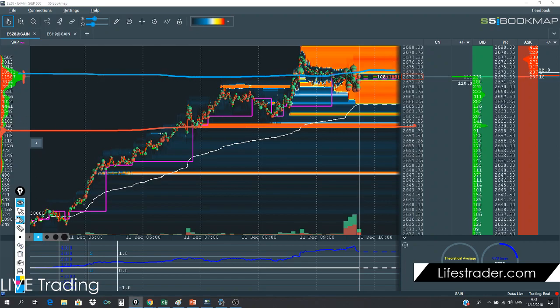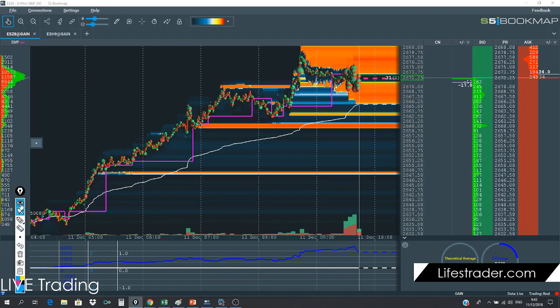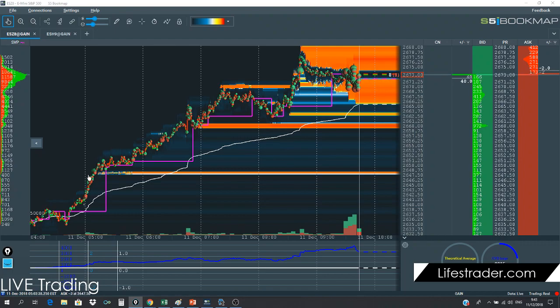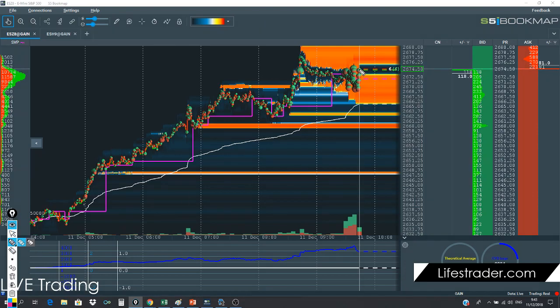With regard to those areas, we have three kinds of hypotheses, three scenarios. Let's start. The first one is a push lower into 26.60. I want to see a cluster collision here and then it goes higher.